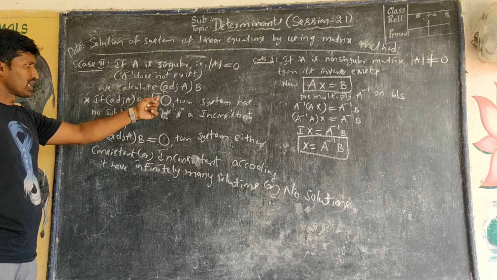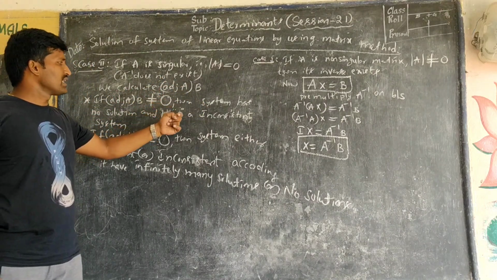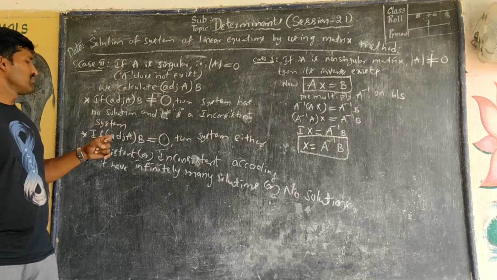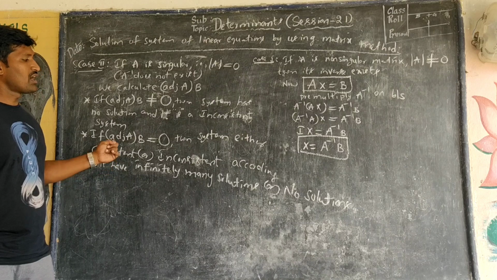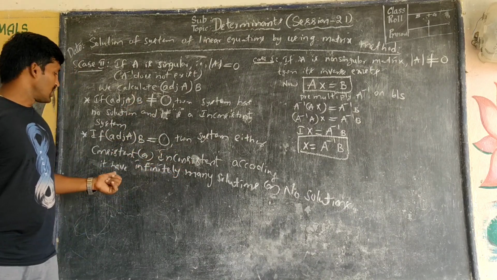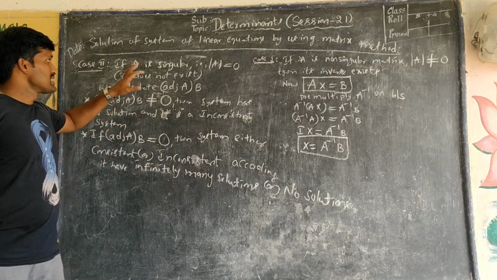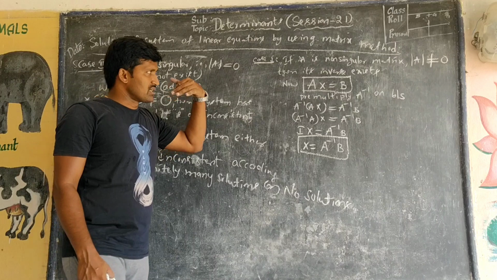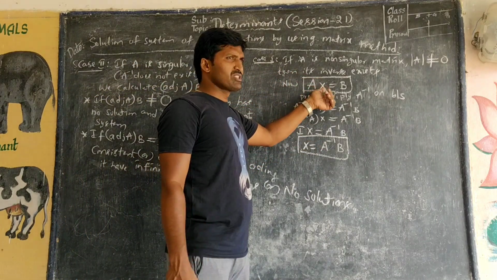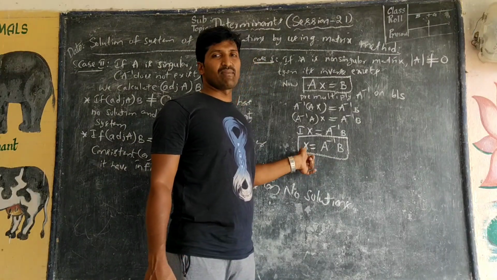Adjoint A into B is not equal to the null matrix, and the system has no solution and it is an inconsistent system. Adjoint A into B is the null matrix, then the system is either consistent or inconsistent, according to whether it has infinitely many solutions or no solutions. Second case, singular matrix, this condition I remember. For a non-singular matrix, by using the matrix method we can find the solution, that is the solution matrix, the X matrix.